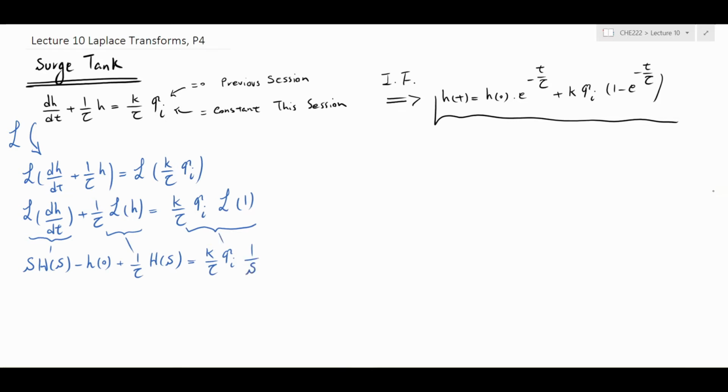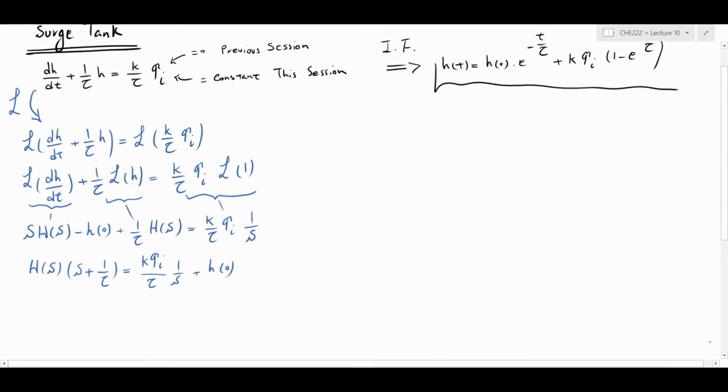Now I just need to rearrange this equation to obtain this, and from here we can obtain H(s) as this.